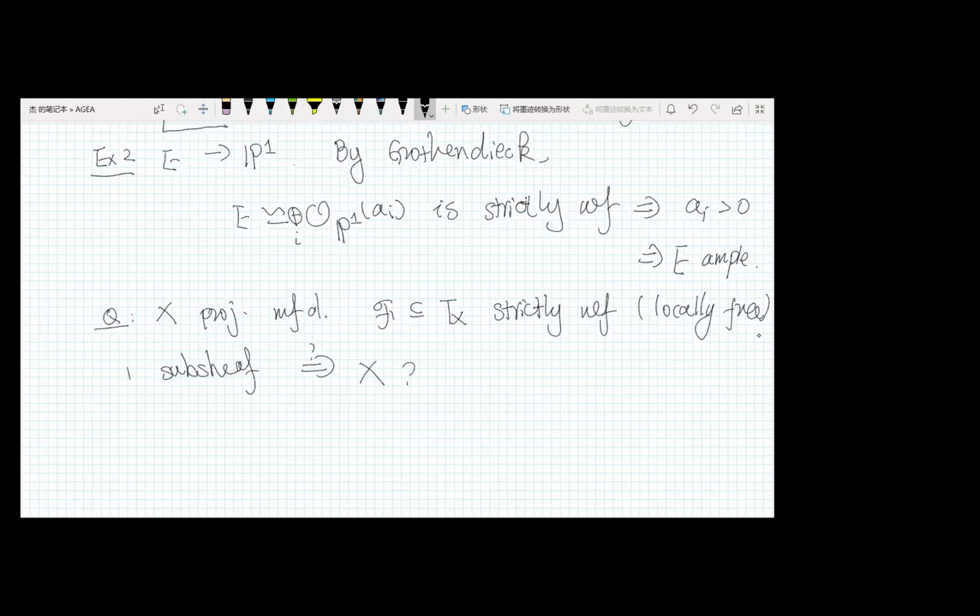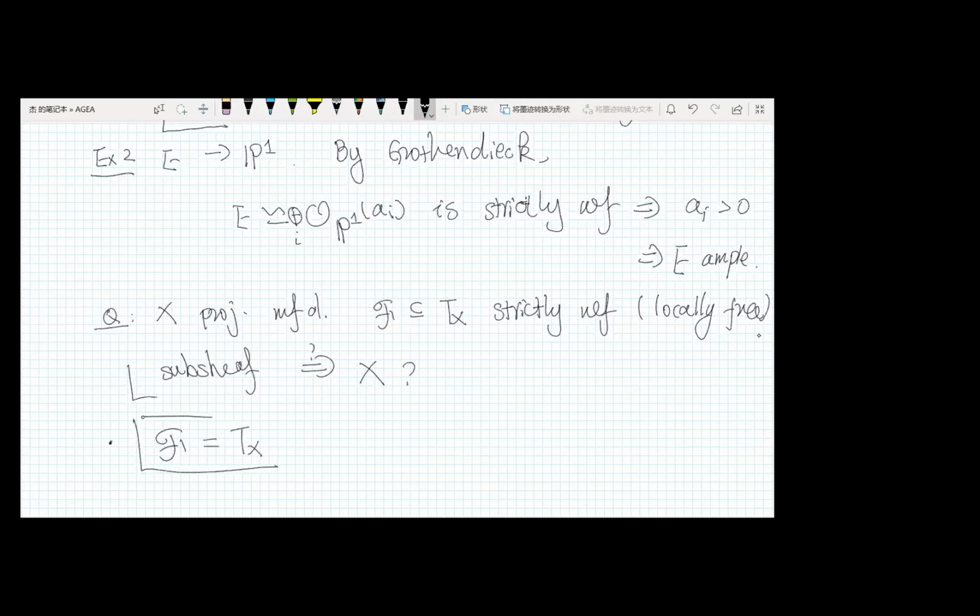This is the question. The first case, of course, we want to study is the case where F is equal to T_X.